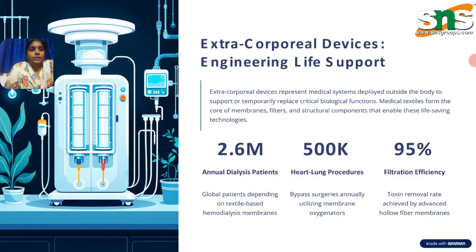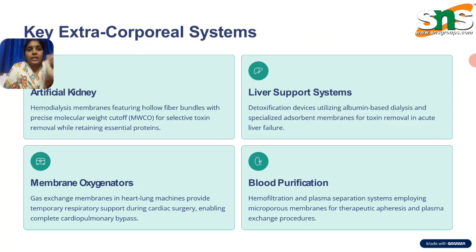Next one is key extracorporeal systems. Why we mainly concentrate on them: the first one is the artificial kidney. It is done with hollow fiber bundles with precise molecular weight cut-off for selective toxin removal while retaining essential proteins.